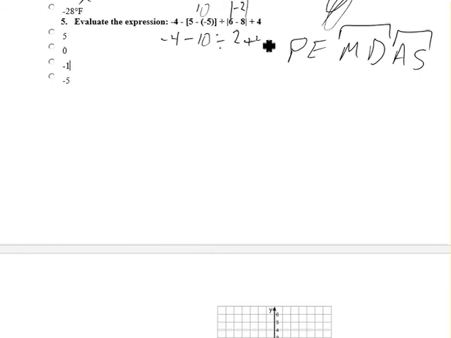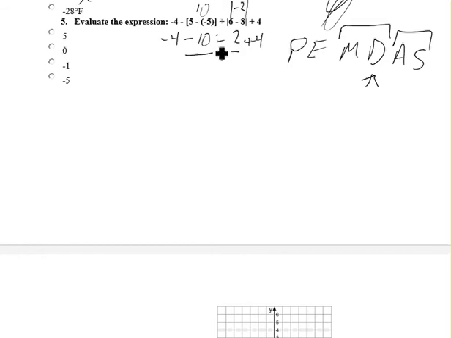So now we're going to do negative 10 divide 2. That's where we're at in our PEMDAS chart because we've gotten rid of the parentheses. We didn't have exponents. We don't have any multiplication. So negative 10 divide 2. A negative divided by a positive is going to be negative. 10 divided by 2 is 5.